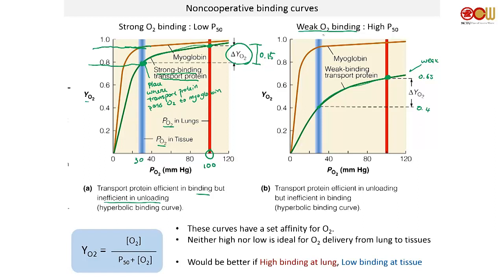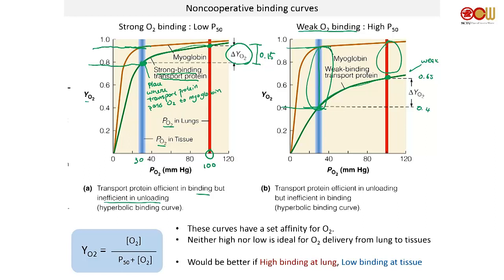Yes, you can have a large gap between myoglobin and your transport protein. However, this transport protein sucks at picking up its package. It's horrible at loading. Even though it's quite efficient in unloading, the loading is bad. So it's bad in both cases.